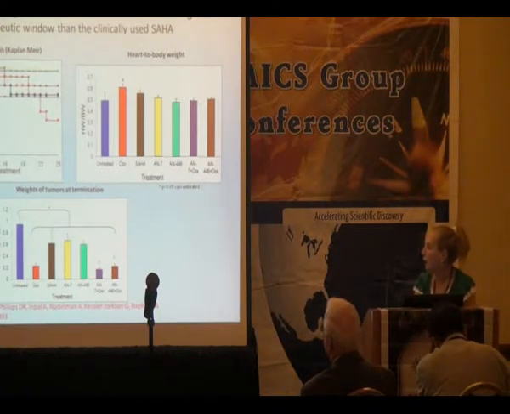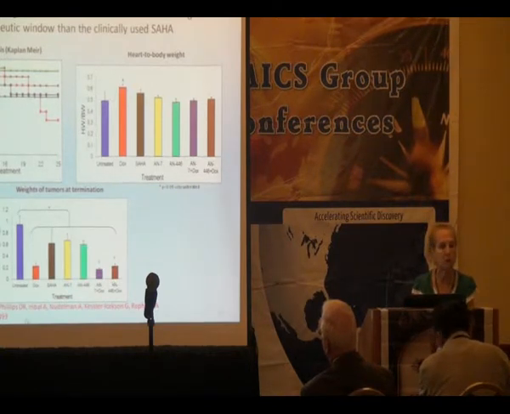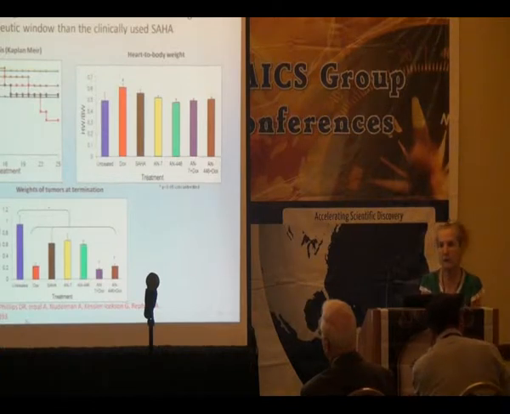And our compound acted to potentiate the doxorubicin activity. So we can see here that while we protected the heart from the cardiotoxicity of doxorubicin, we enhanced its anti-cancer activity. So we see here selectivity in vivo as well.